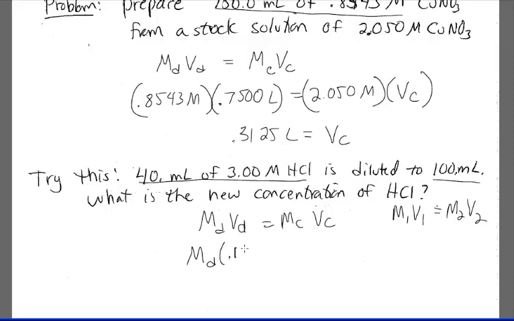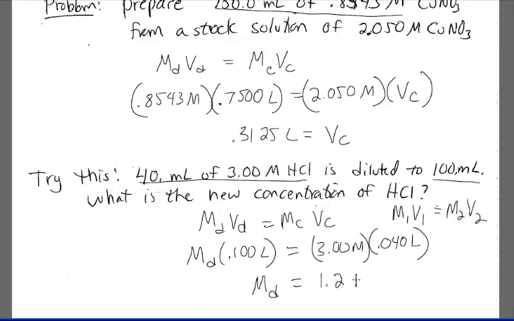So it's 0.1 liters. And the concentrated solution is 3 molar, and the volume is 0.040 liters. So the molarity of the dilute solution when we solve is 1.2 molar.